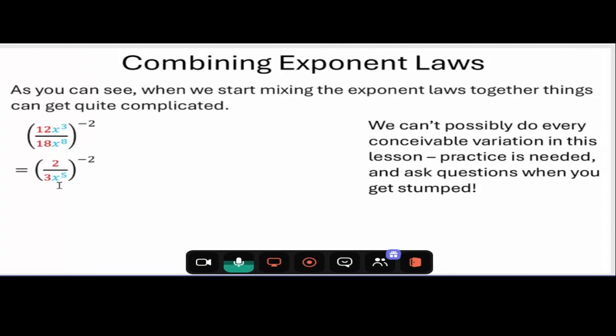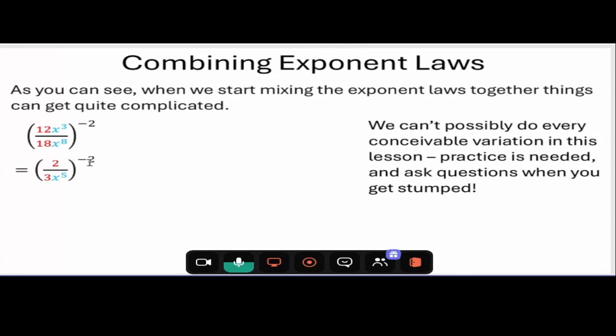There's just some that are faster and some that are slower, as long as you're applying the laws and following the rules of math. So this is what I would say is the easiest. There's another thing we could have done first too. We could have said, oh, hey, a negative exponent means the top and bottom will flip and it'll become a positive 2. That would have also been a fine first step.